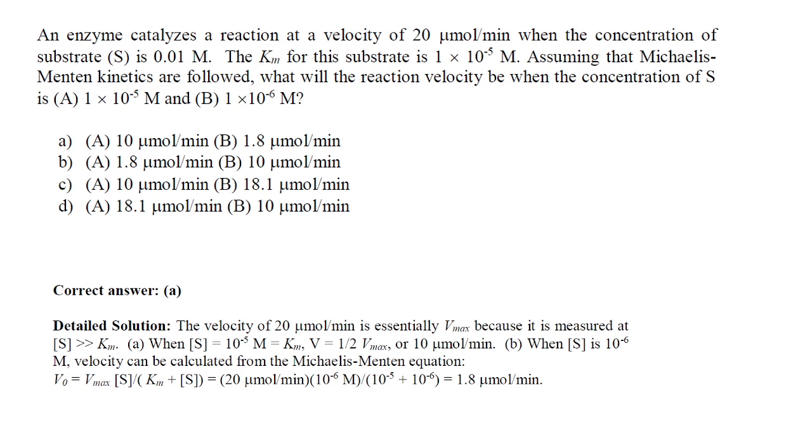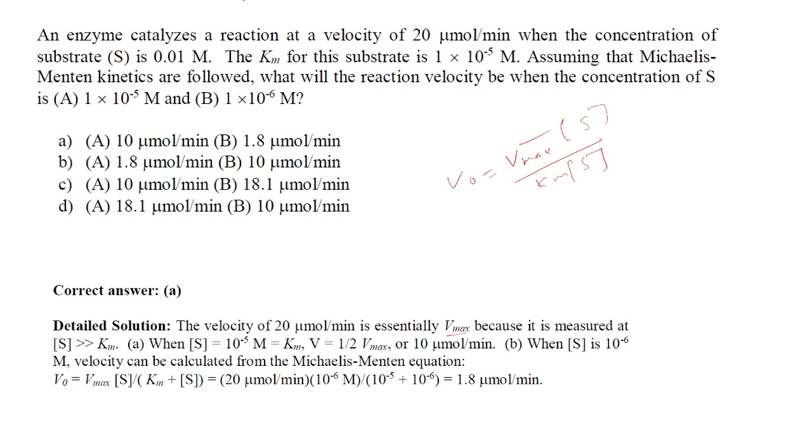So see, the question will be V naught is equal to Vmax times S over Km plus S. The velocity of 20 micromole per minute is essentially Vmax because it is measured at a substrate concentration way higher than Km.